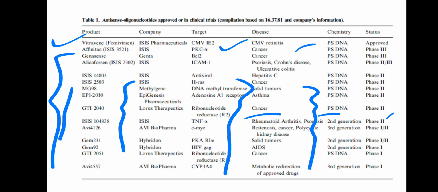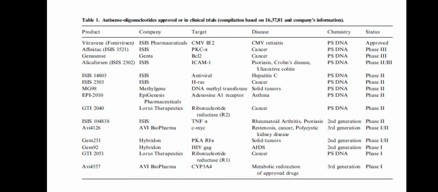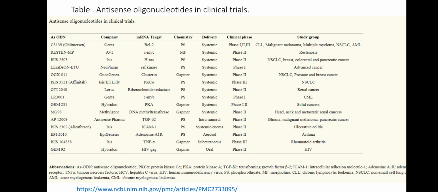It is now in a phase two trial. So most antisense molecules are in trials, and in the near future they may become available for personalized use in treating a variety of diseases. Similarly, you can see a number of different examples, again available in different trial phases.